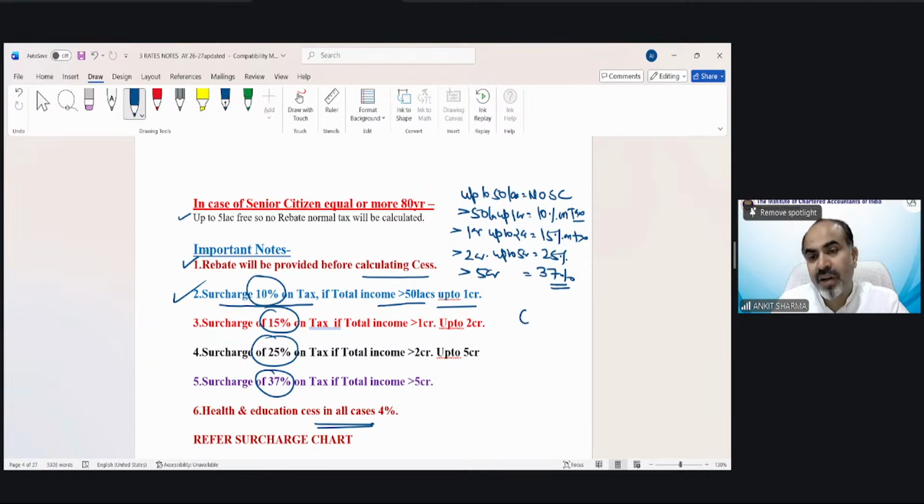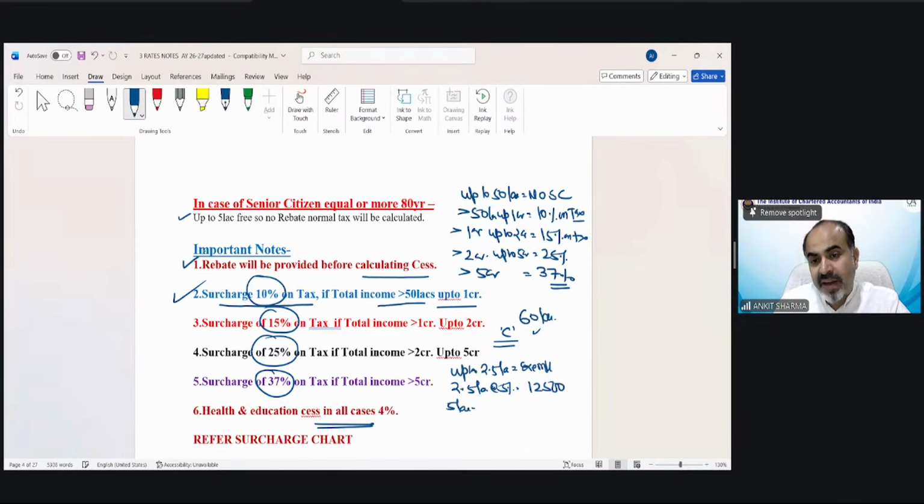Now suppose your income is 60 lakh rupees. You are in C category. So up to 2.5 lakh is going to be exempt out of the 60 lakh. Then the next 2.5 lakh at the rate of 5%, that means 12,500.